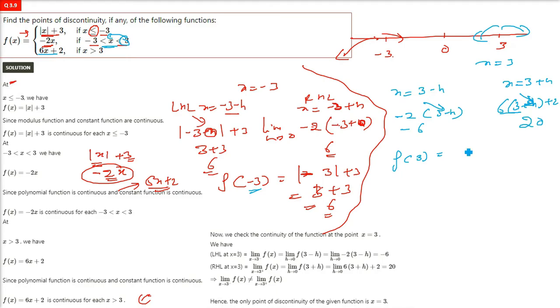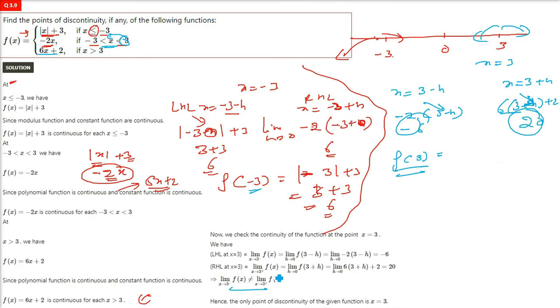This is 6. Where is the equality sign? It is not given. But just assume that it is at x greater than or equal to 3, 6x plus 2. So 6 into 3 plus 2, that is 18 plus 2, that is 20. So it is matching with the right hand limit. But still the left hand limit and right hand limit are not matching. So when they are not matching, you can very well say that 3 is the point of discontinuity.